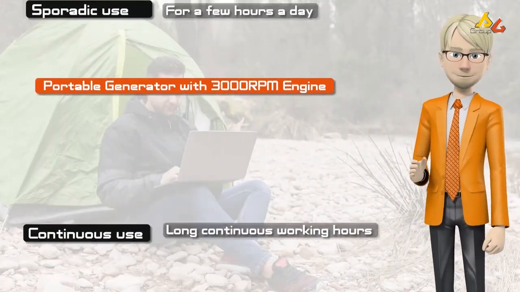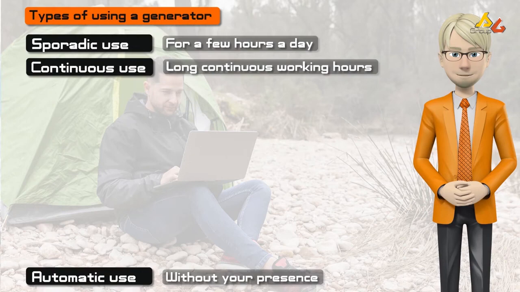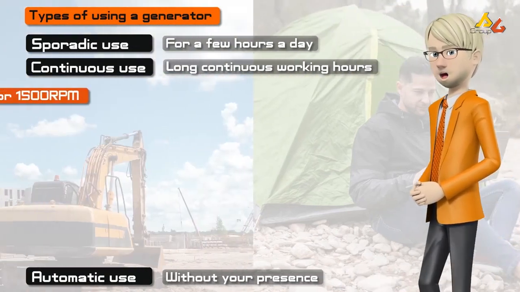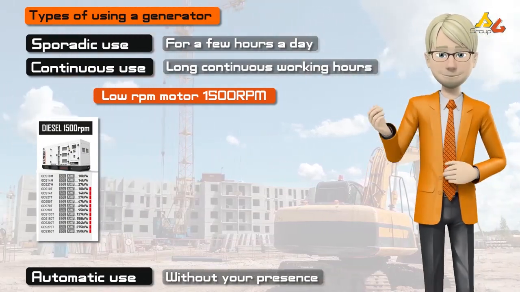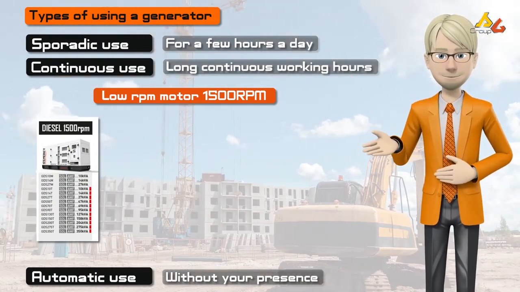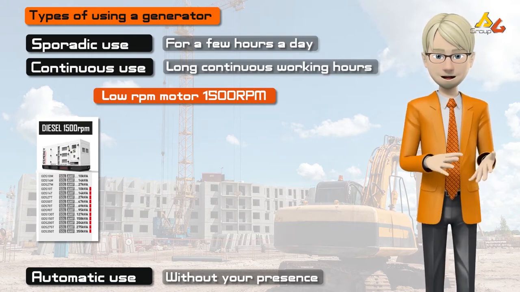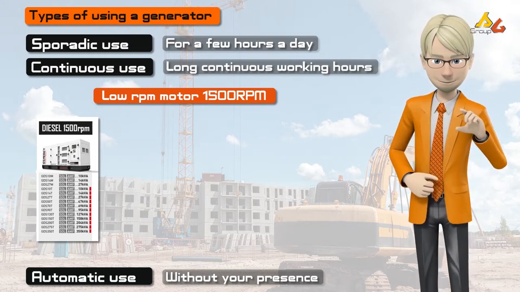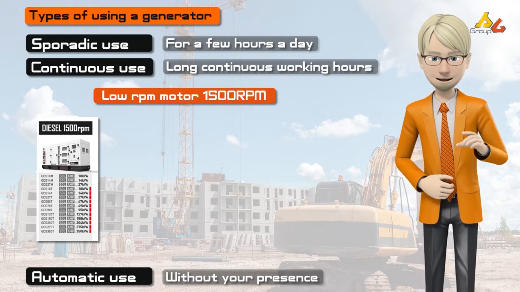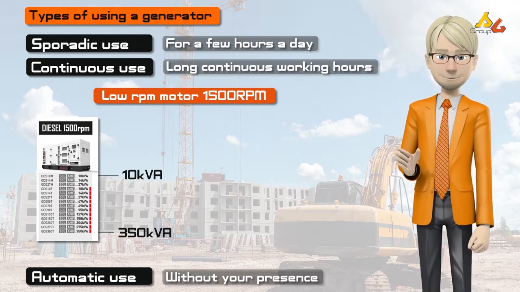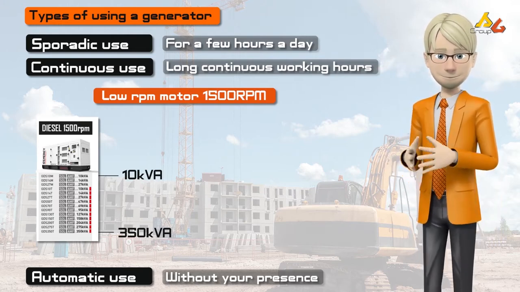If the customer requires a unit that can work uninterrupted for long periods, we should opt for a generator with a 1500 RPM engine. These units work with diesel engines and are normally high-powered. At Genergy, we manufacture generator sets from 10 kVA up to 350 kVA in both open and soundproof versions and single or three-phase units.